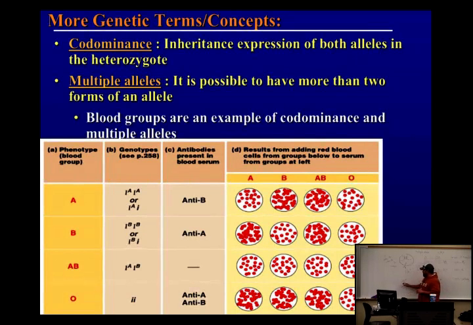You wouldn't make A antibodies, you wouldn't make B antibodies, and you wouldn't make Rh antibodies. But if you were AB negative, you would make antibodies for the Rh factor, and so that means you couldn't take someone that had a positive Rh, because that would attack those. So if you're AB negative, you couldn't take AB positive blood. But if you're AB positive, you could take AB negative blood.